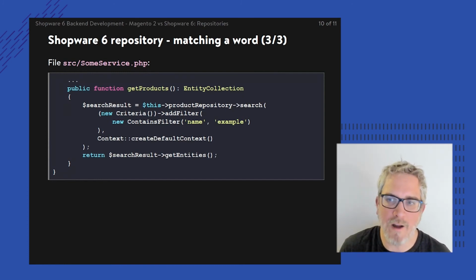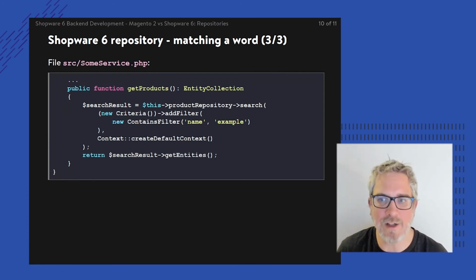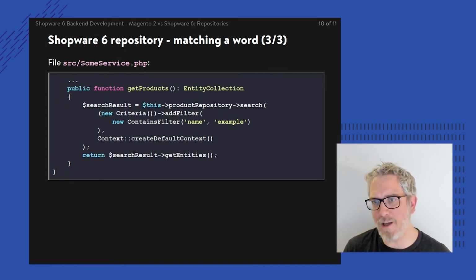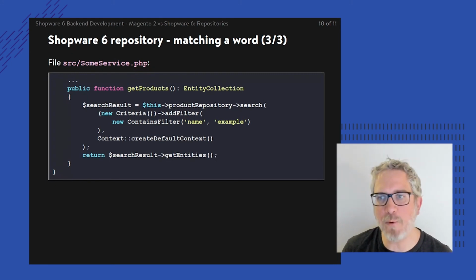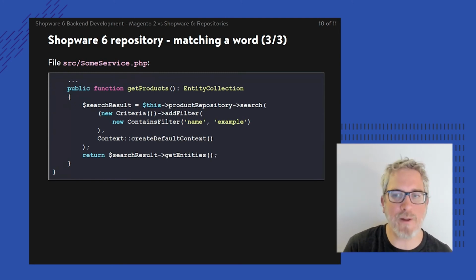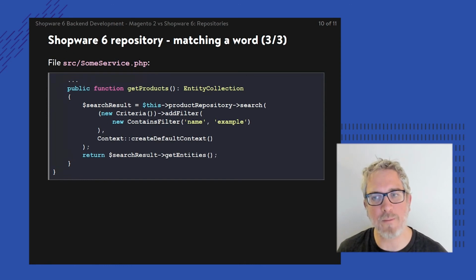So where name is like example, the context is still there, and the end result is that I'm not calling the search results' first method, but the get entities method. The return is an entity collection, but when you put that collection to use, you will see that it basically behaves as an array, just like with the coding sample that we've seen with Magento.